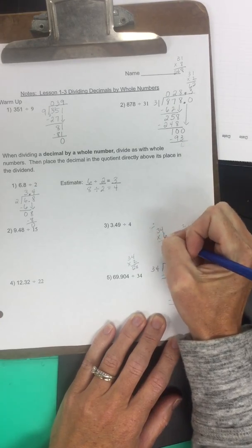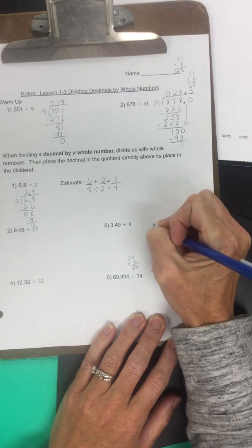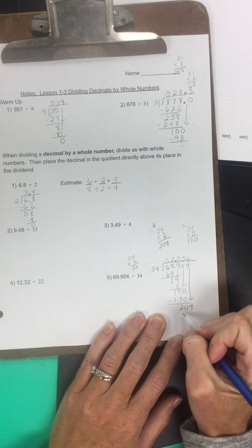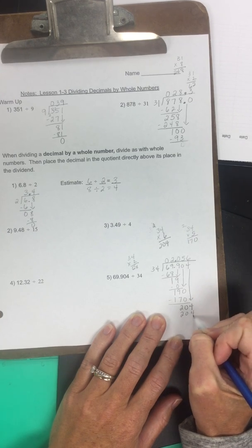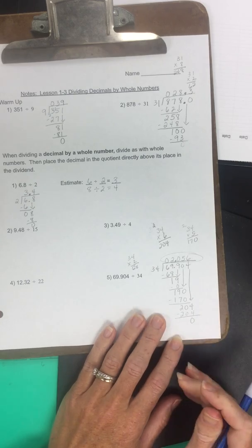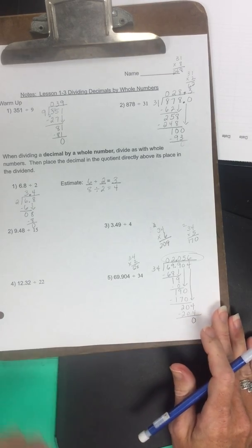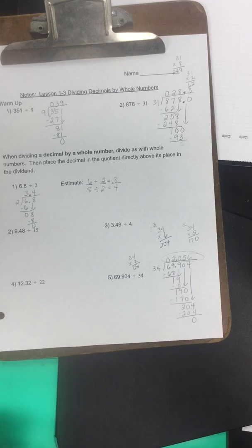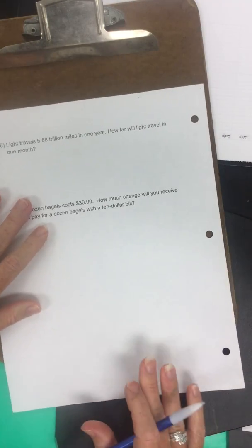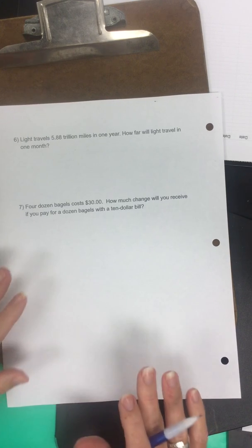Let's try 6. Yep, it works perfectly. 6 times 34 is 204. And so there's our answer, 2 56 thousandths. Okay. On the back, why don't you try those, and we will talk about those in just a second.